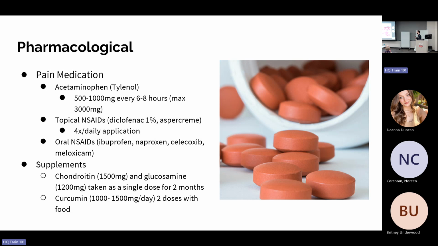We then usually step up to topical nonsteroidal anti-inflammatories, so like basically topical Motrin, brand name Voltaren gel. Aspercreme is an over-the-counter alternative, and you can use those 4 times a day very safely to reduce pain. And then there's oral nonsteroidal anti-inflammatories such as your ibuprofens and Aleves or Celebrex or Meloxicam, which we prescribe.